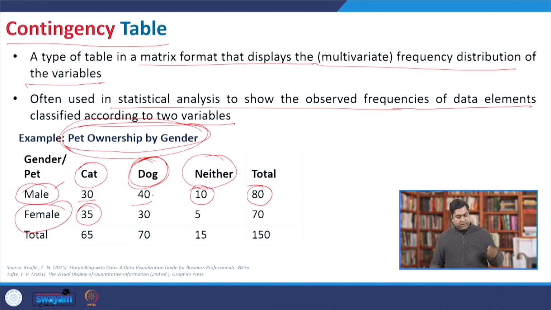Similarly, if you try to infer this, out of 70 female respondents, 5 of them said they have neither dog nor cat, and then they have 35 cats and 30 dogs. So, in the entire study, if we go for the column totals, you get 65 cats and 70 dogs.